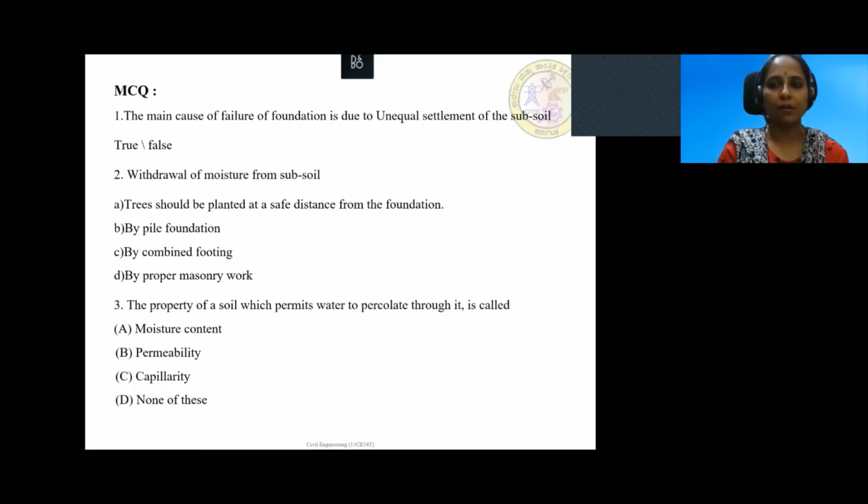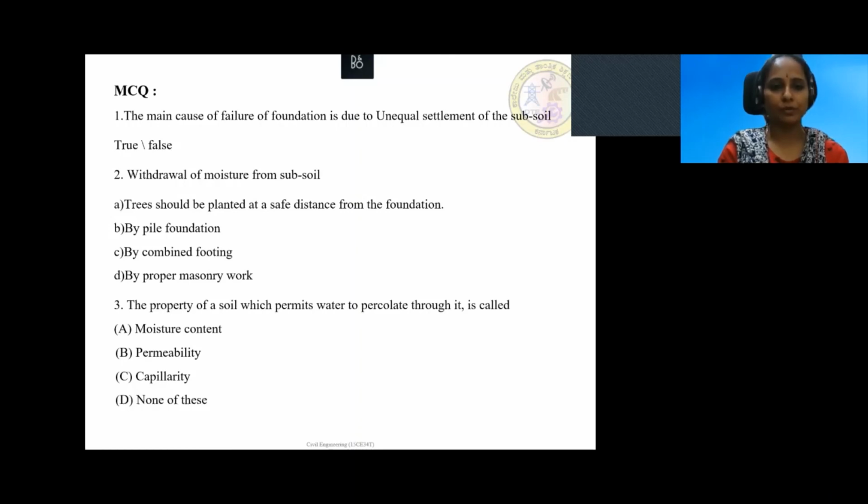True or false? Okay. The statement is true because if the soil is good, then we can achieve a good foundation.